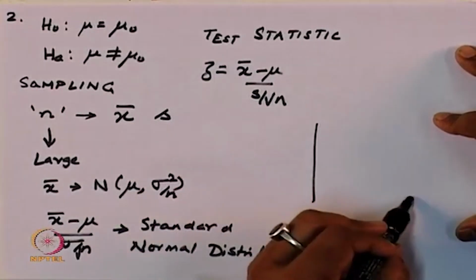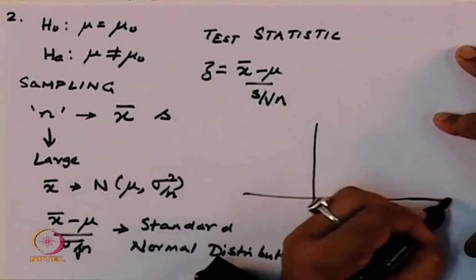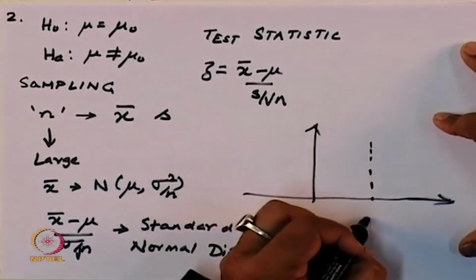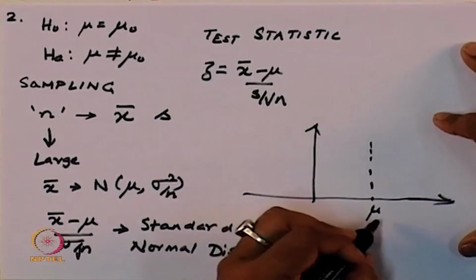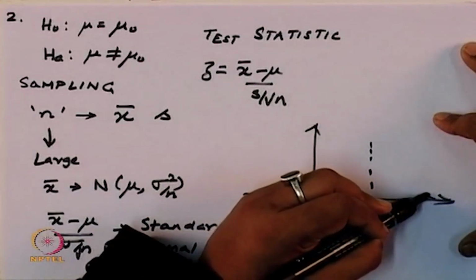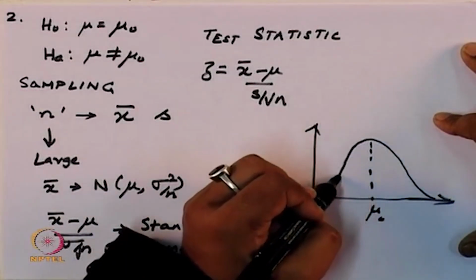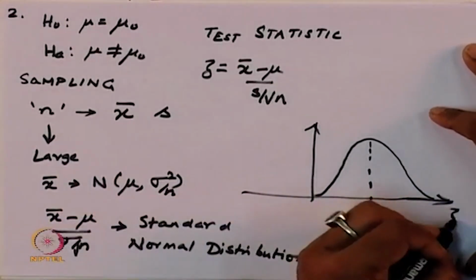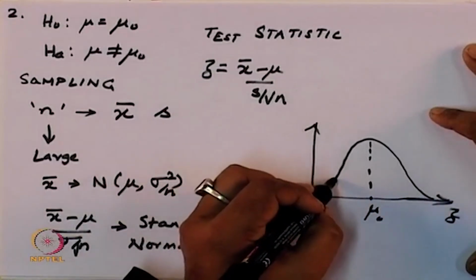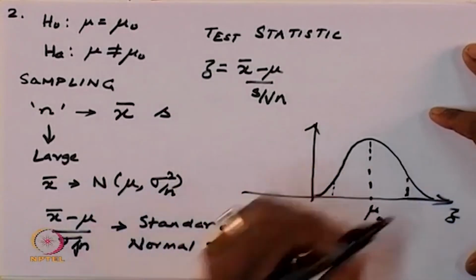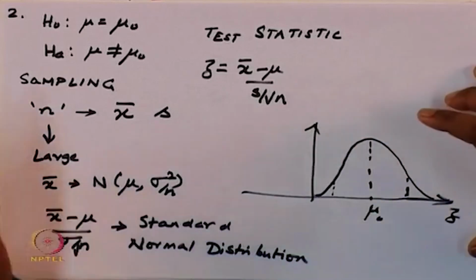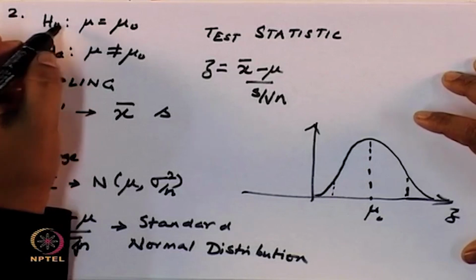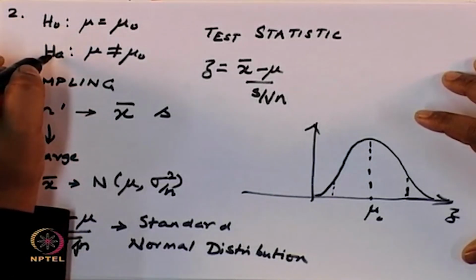Now, what do we mean by two tails? Let us say this is your mu naught value, and you will have a distribution, roughly a normal distribution, on both sides of this mu naught. You have to decide how you come to the conclusion that your hypothesis is either right, so you accept it, or it is wrong and you accept the alternate hypothesis.